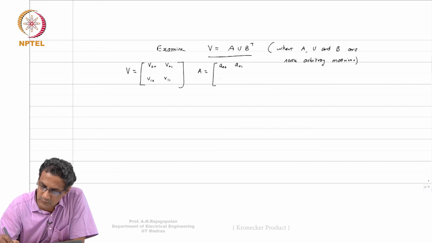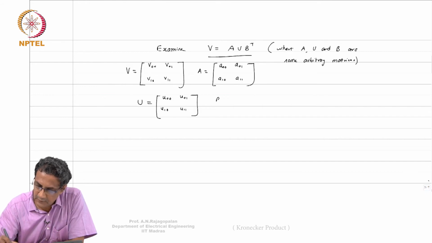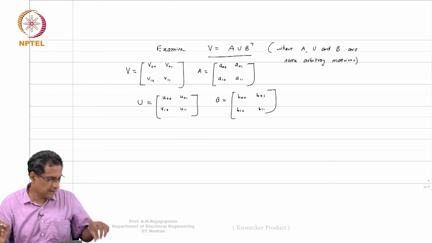A has entries A00, A01, A10, A11. U has entries U00, U01, U10, U11. Then B has entries B00, B01, B10, B11. This is what it is.